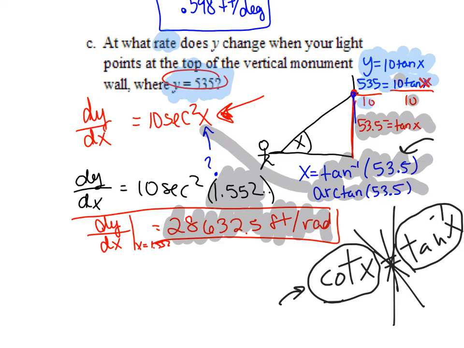As you go higher with the same rate at which you're changing the x, you would expect the y to change a lot quicker, given that it's becoming steeper and steeper and steeper. You know what I mean?